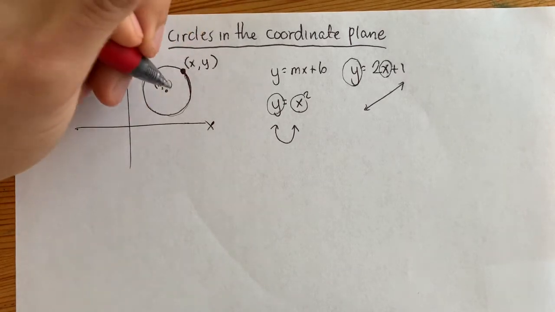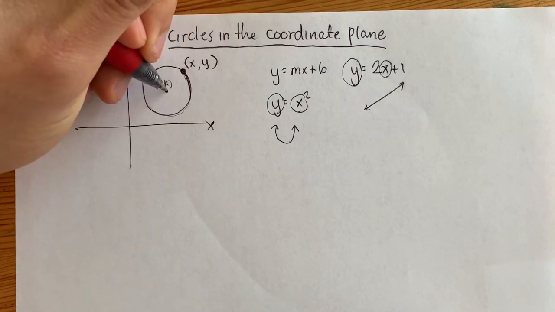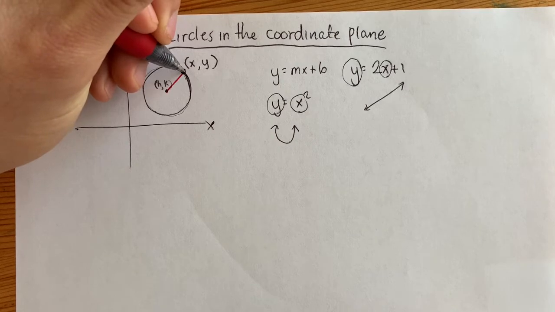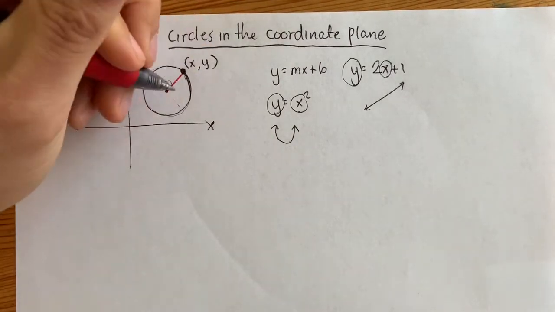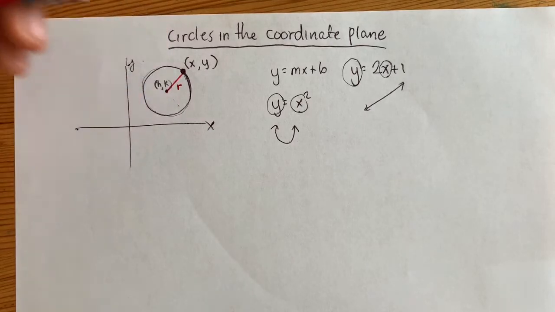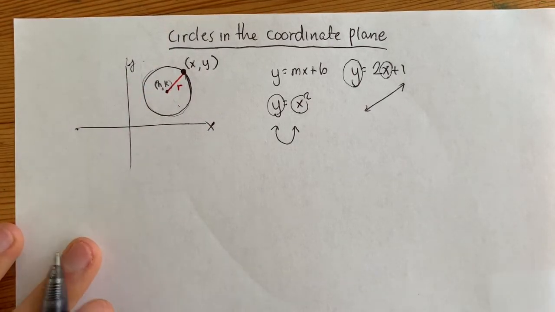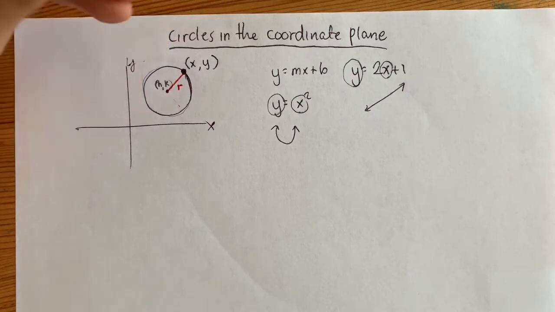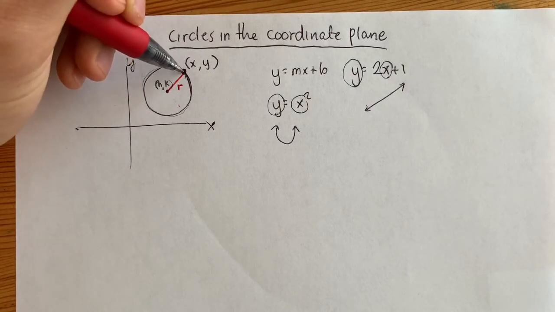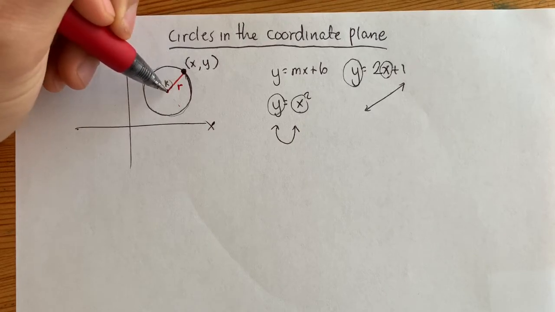Then what I know is that the length from the center to the outside, no matter which direction I go, is called the radius. So this is the radius right here. Well, I can find that radius length, or distance, by finding the distance between this point x and y and the center h comma k.